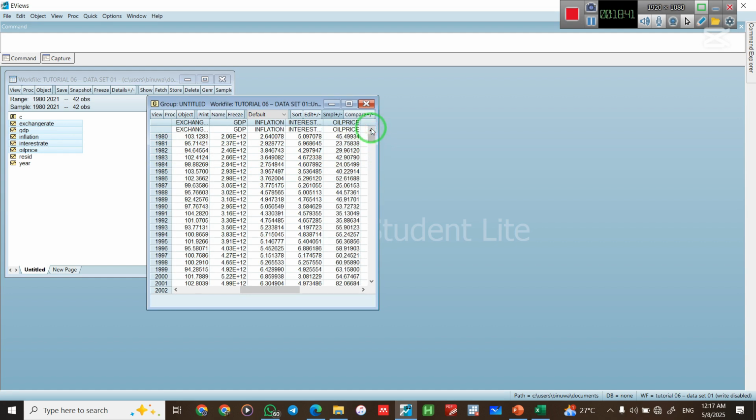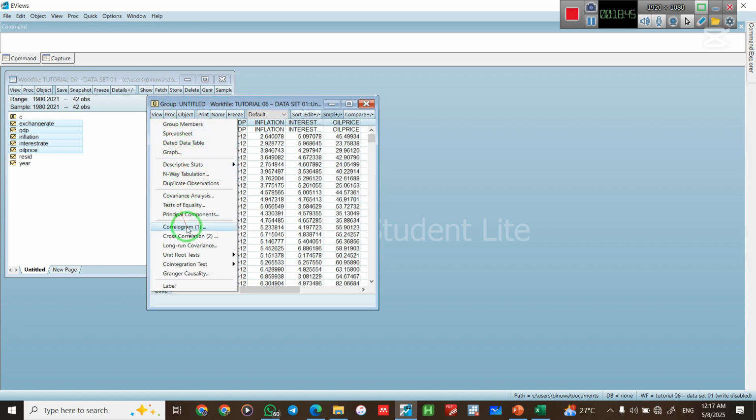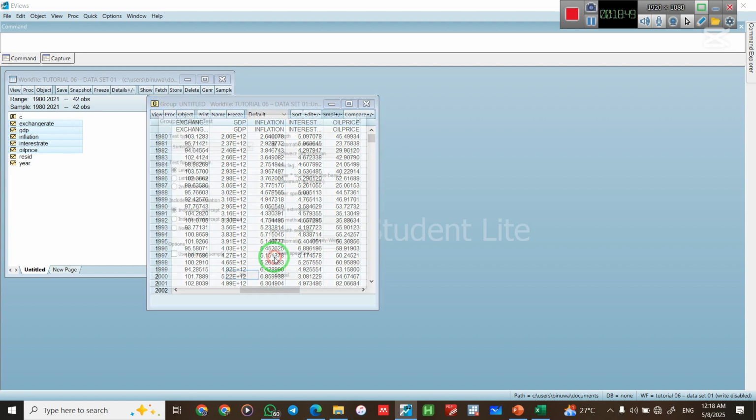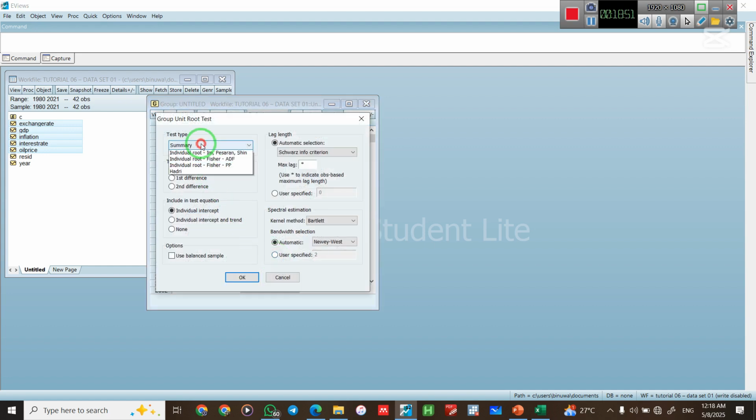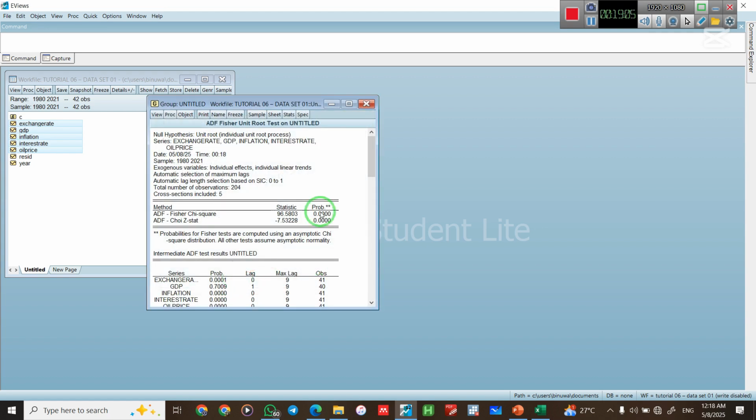Then you can go to View, then click Unit Root Test, cross-sectionally independent, and here the test type is individual root Fisher ADF. Then we are first checking the level data with individual intercept and trend, then press OK. So you will come up with the answer like this.